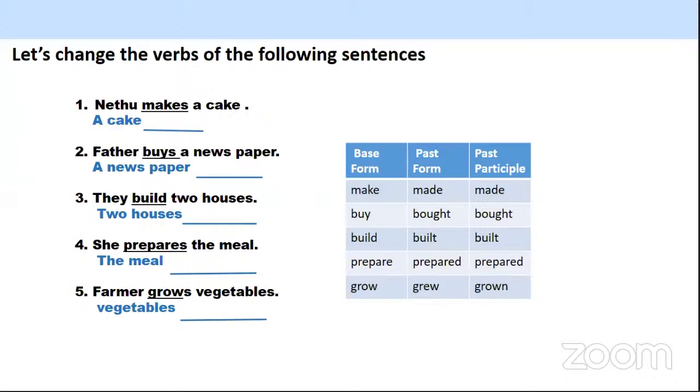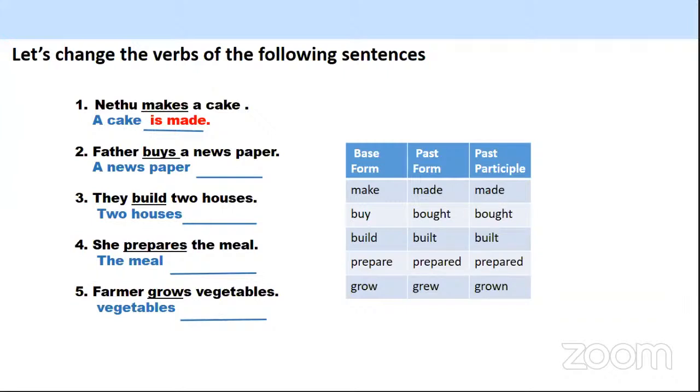A cake, depending on the new subject. A cake, singular. Then you have to use is there and past participle of make. In that grid, you can see the past participle verb for make. It is made. So your answer should be is made. See whether you are correct.